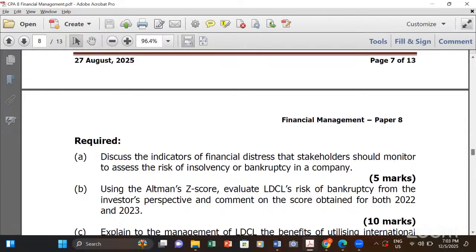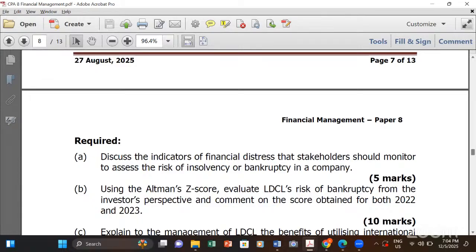They were asking about that. Now, part 2. They asked you to use Altman's Z-score to evaluate LDC's risk of bankruptcy from the investors' perspective and comment on the score obtained in both 2022 and 2023.